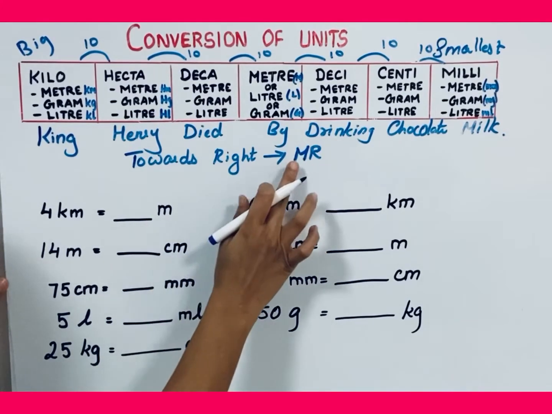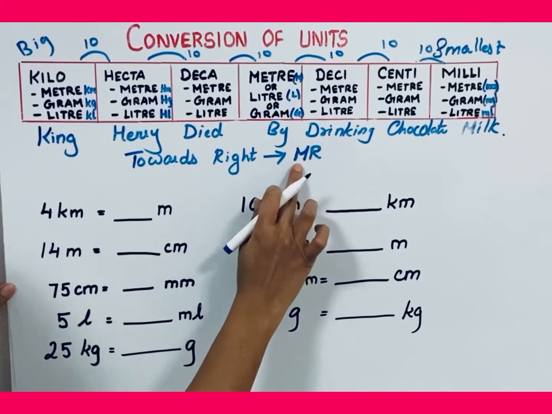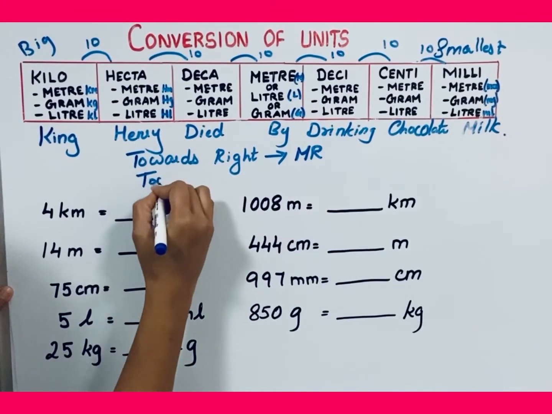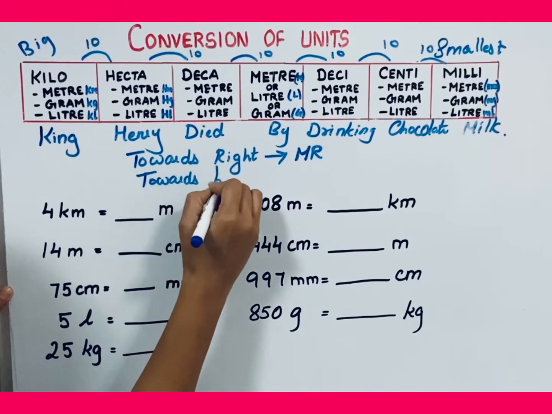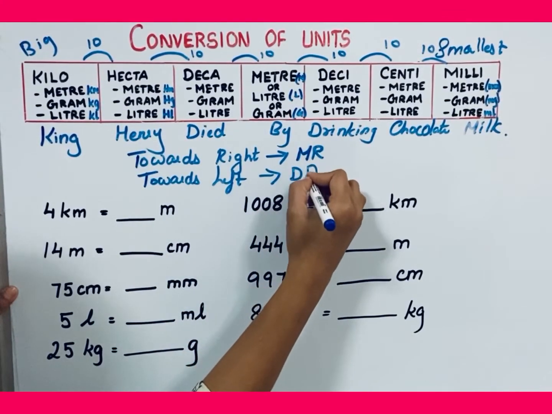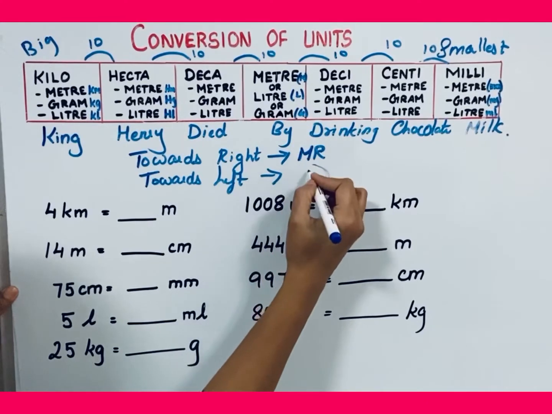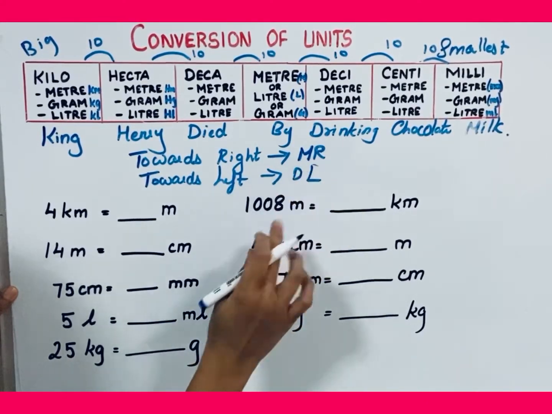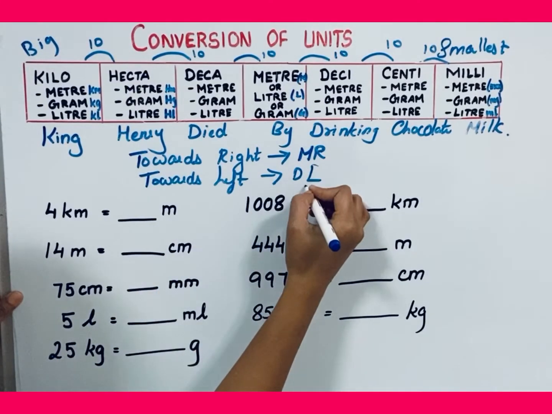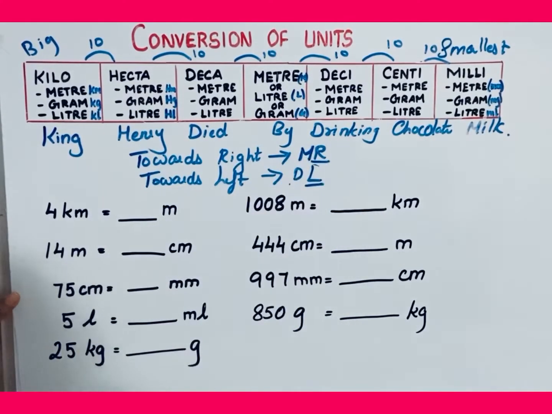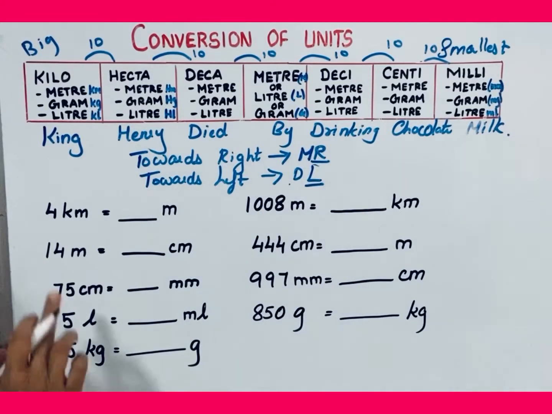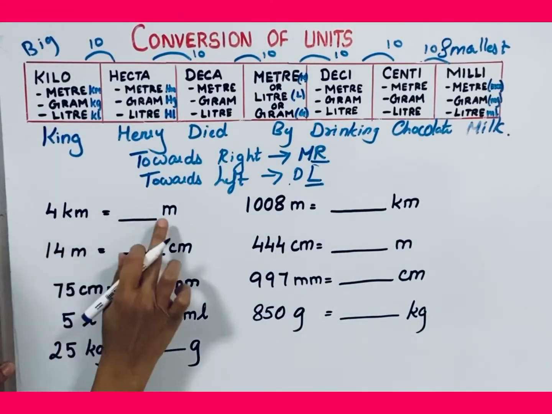You can remember by this: Mr. If you are moving towards left, then do division. Right, multiplication. Left, division. You can remember as Mr. DL.